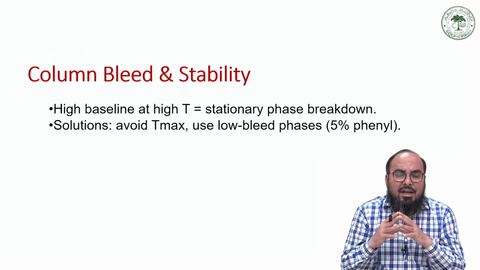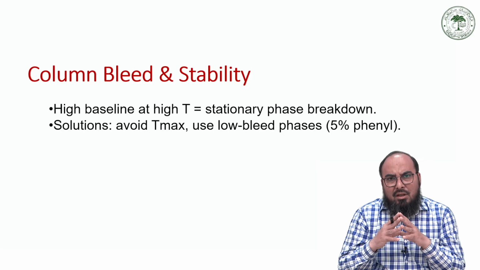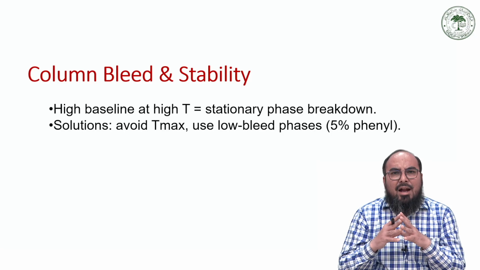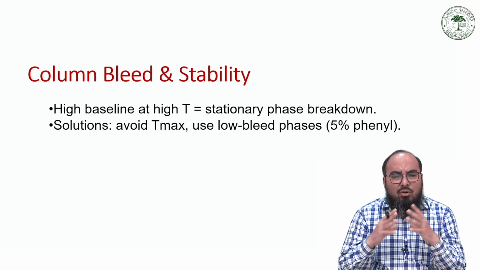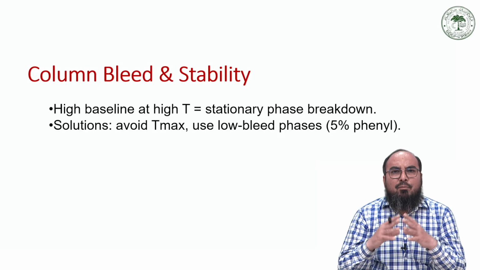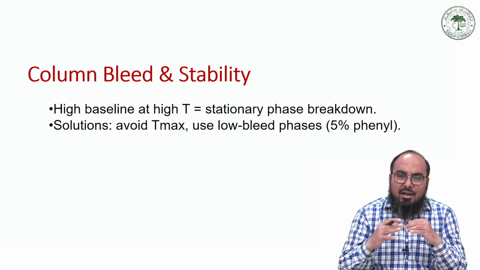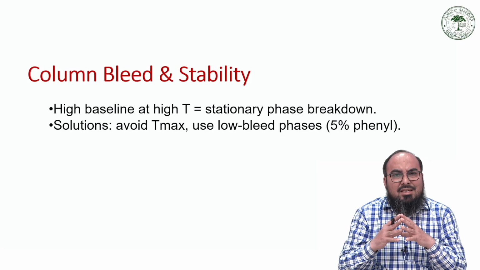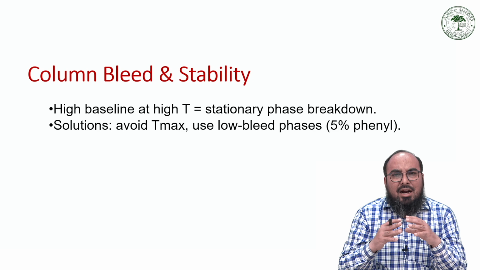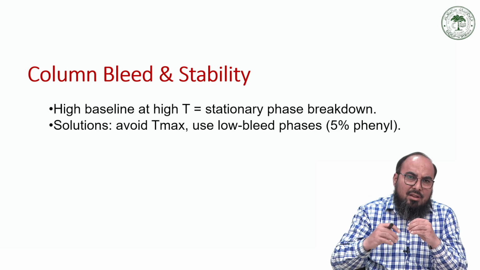Now the column bleed and stability. As we have already talked, column bleed is a problem, because in certain cases you have to vaporize a sample that has a high boiling point. In order to have good resolution and perfect elution, you have to raise the temperature, and beyond a certain temperature your stationary phase also starts decomposing, and the moment it starts decomposing, it also starts eluting along with the sample.